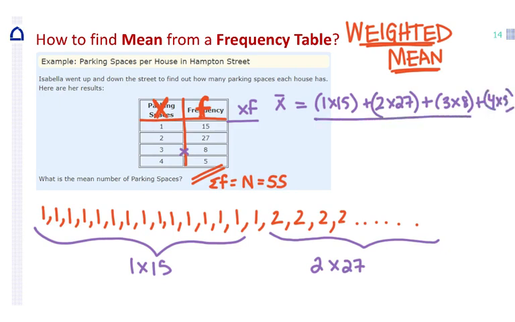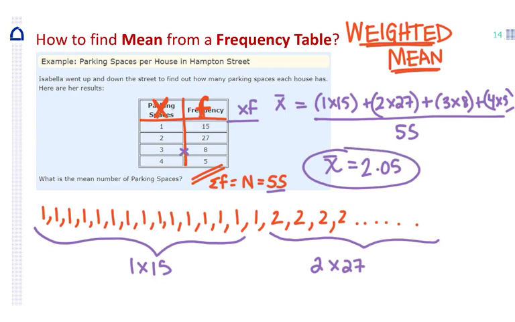And then you divide by the total number of data points, which we already calculated was 55. So we will get that the average number of parking spaces in front of each house is 2.05 parking spaces.